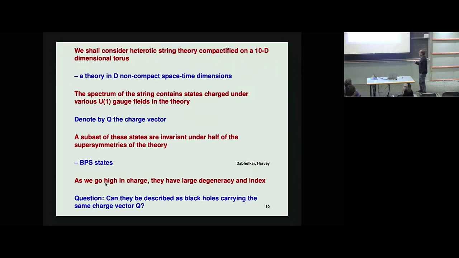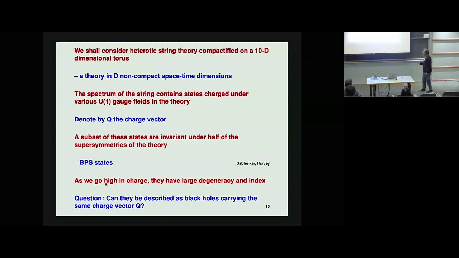Now the spectrum of the elementary string contains states that are charged under various U(1) gauge fields in the theory. These U(1) gauge fields come from the original E8 times E8 or SO(32) heterotic string, and they can come also from the components of the metric and the two-form field along the compact circles. So we denote by Q the charge vector, the set of all the charges, and a subset of these states turn out to be invariant under half of the supersymmetries of the theory, and these are called the BPS states.